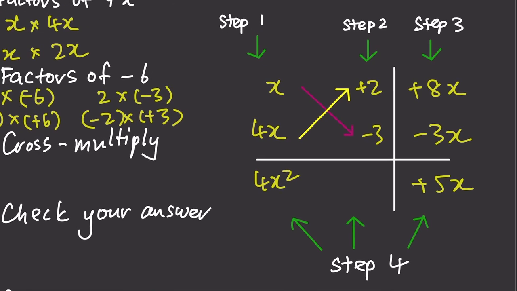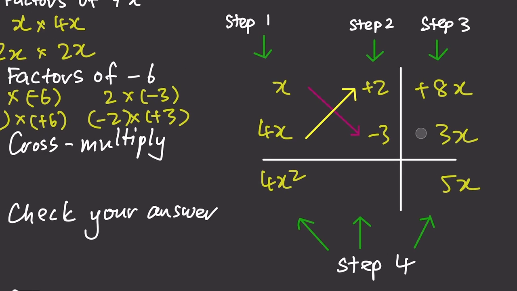And since we're not too far off, why don't we consider this? We try the other way around. So if I were to aim for negative 5x, then I should expect this to be negative 8x and this to be positive 3x. And therefore, that means this sign has to follow this.